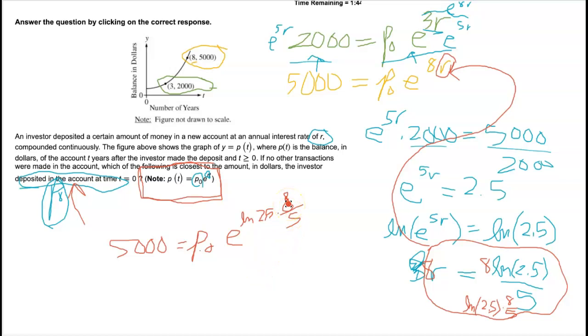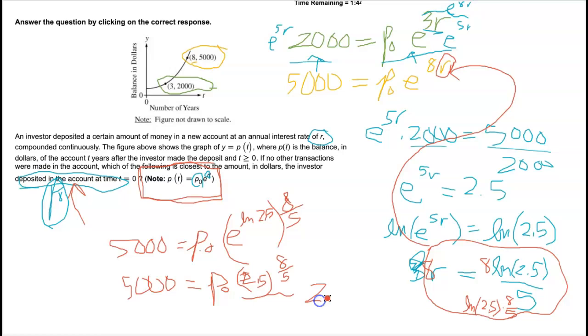If you like arithmetic and algebra better, well, look what I did. I got an e to the ln term here. So I get 5,000 equals P0 times 2.5, but that's still to the power 8/5, right? Now I'm the one that has to pull out the calculator. There's no way to get out of figuring out what this is.